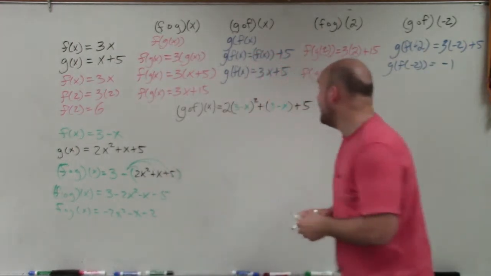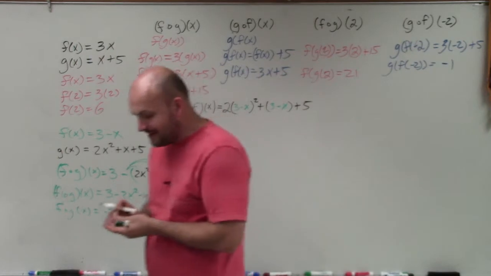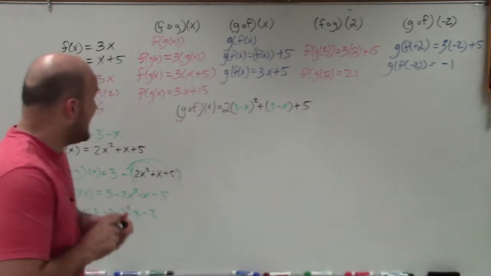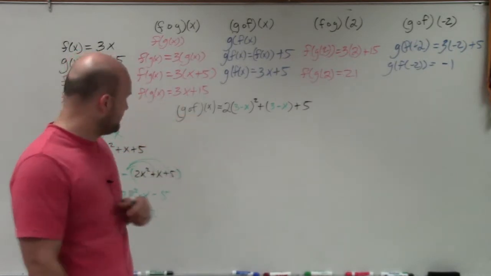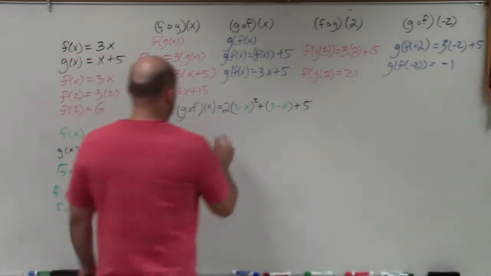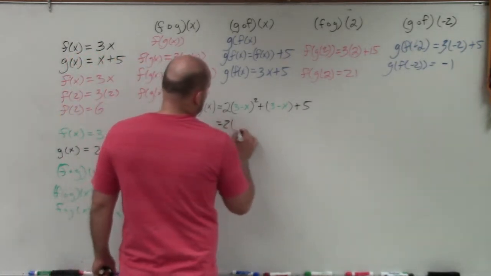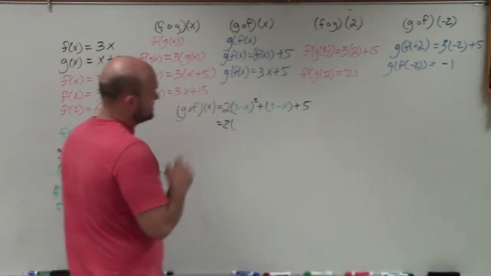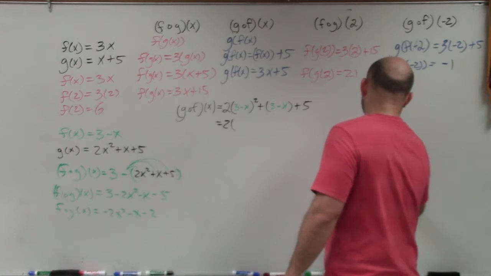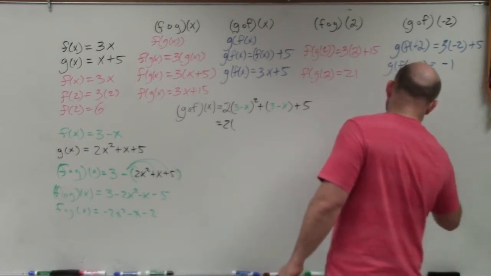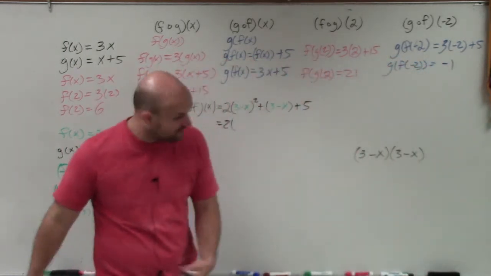So now, to simplify this, I have to square 3 minus x, simplify that, and then multiply it by 2. Let's do a little work over here. 3 minus x squared is 3 minus x times 3 minus x, right?